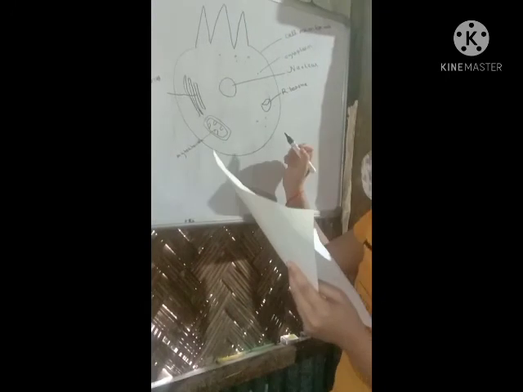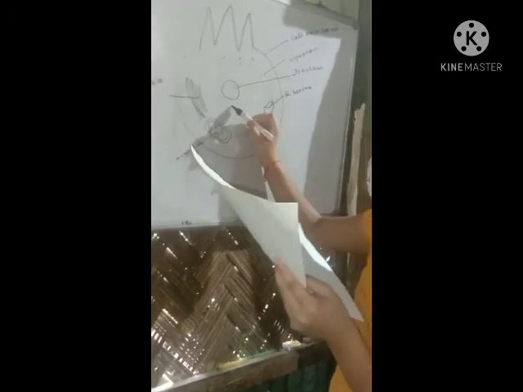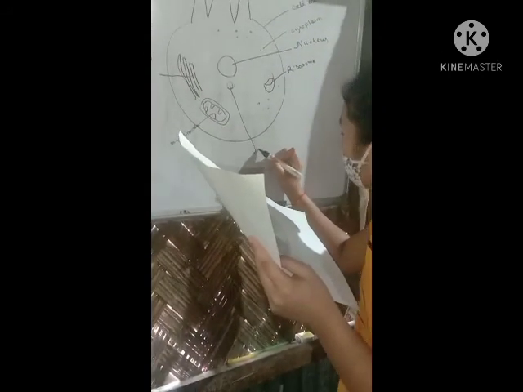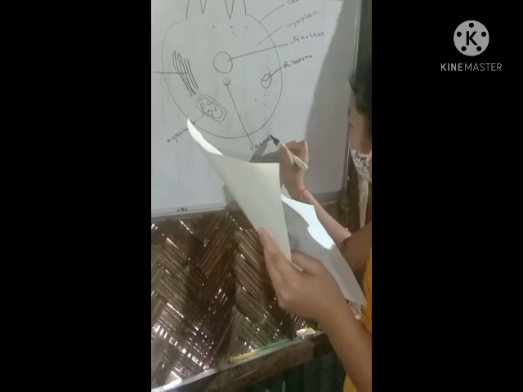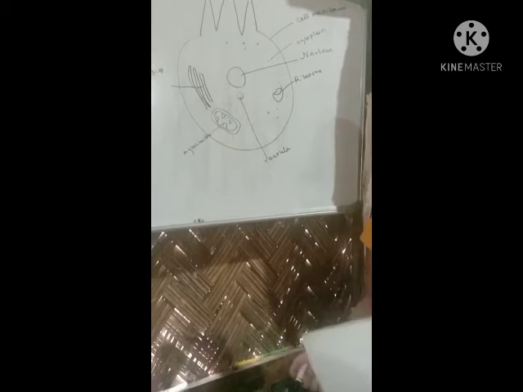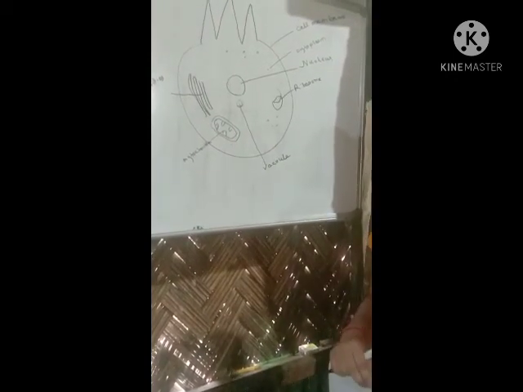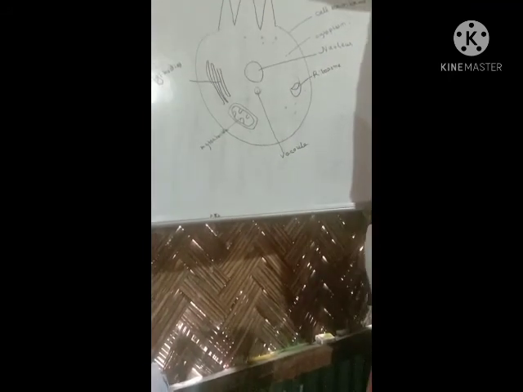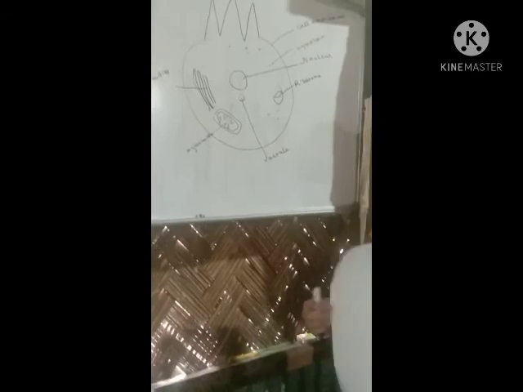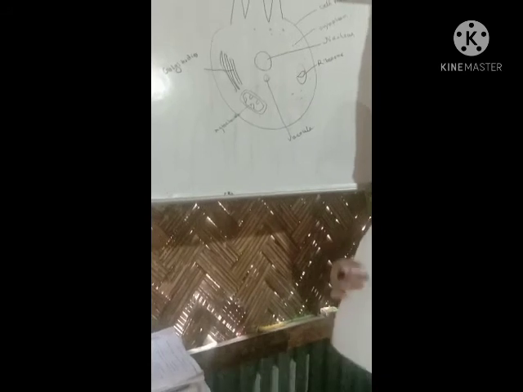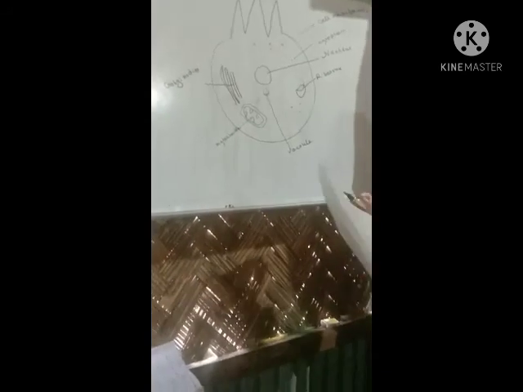And in animal cell, vacuole is also present. It is a thin-like structure and stores food, water, and air.